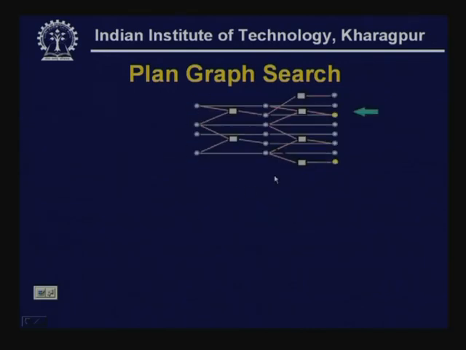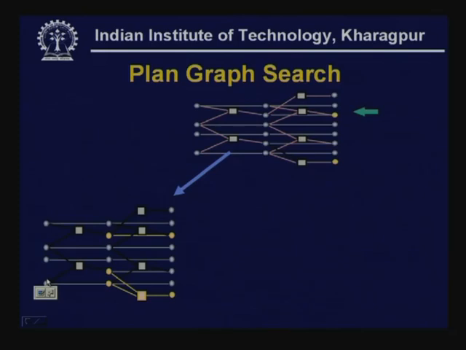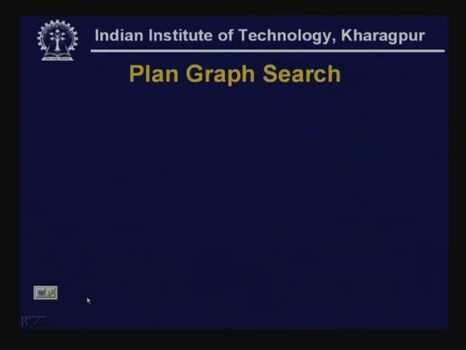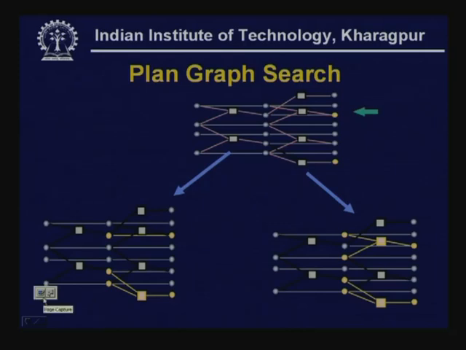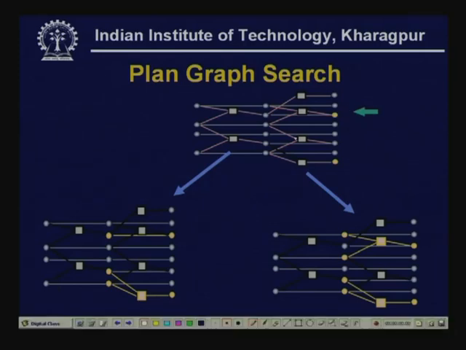This is the planning graph that we start with, and corresponding to these two possibilities we get two different planning graphs.